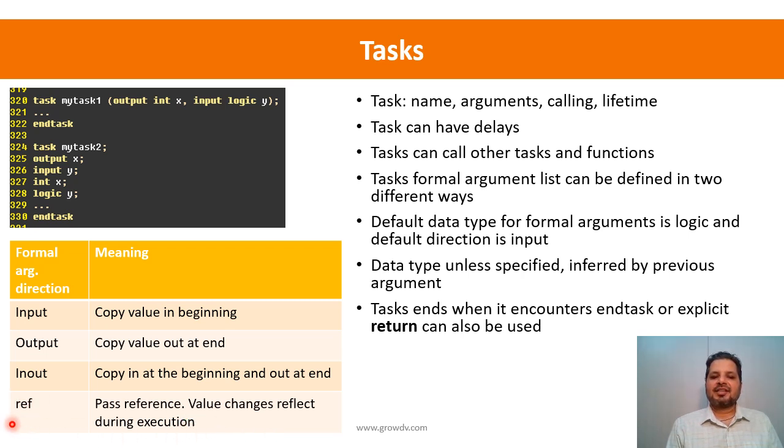If I am passing it as an input, then any changes happening in parallel in another thread will be visible to this task. Or if I am passing it as an output, and the task is changing it, it will be visible. And of course with inout, it will be visible both ways. So that difference is what we wanted to emphasize, that it gets copied only at the beginning and end.